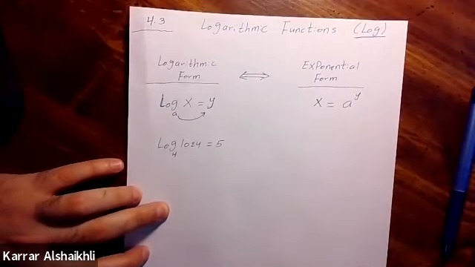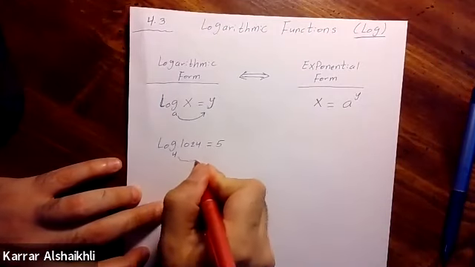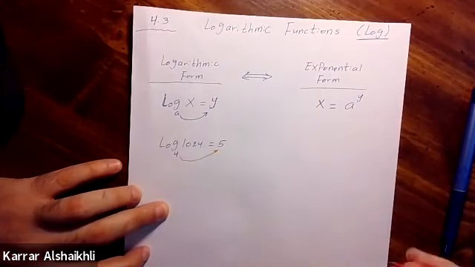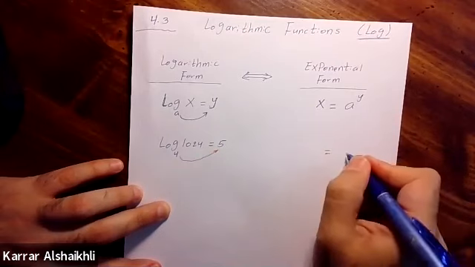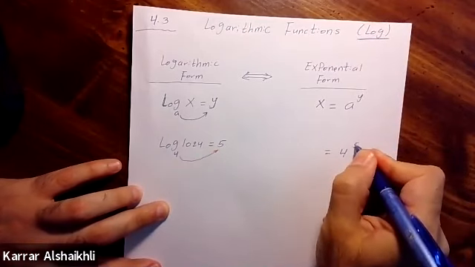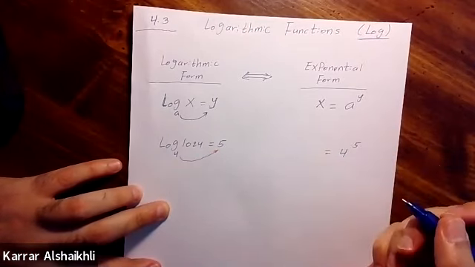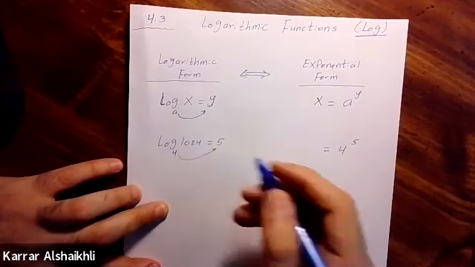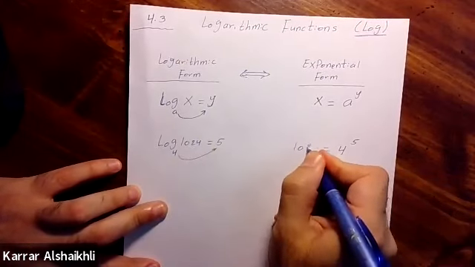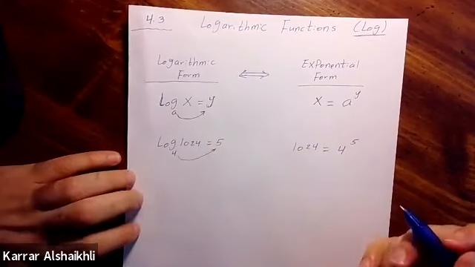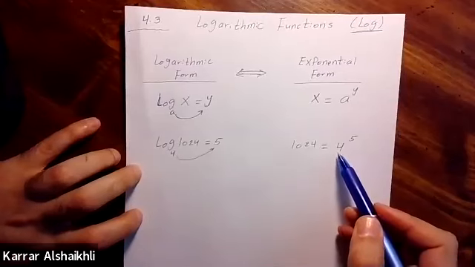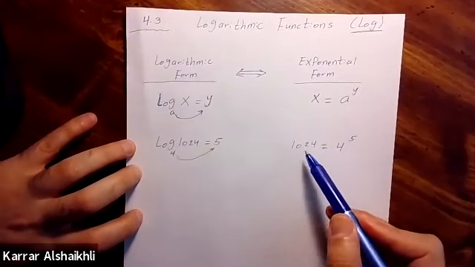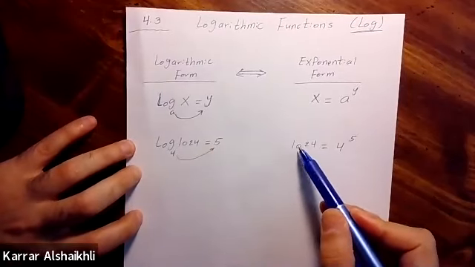We're just going to move the base from here to be a base for the other side. Here's the equal sign. It's going to be 4 to the exponent 5, and the leftover from this side is just 1024. To check your solution, if you plug 4 to the exponent 5 into the calculator, it's going to be 1024, 100%.